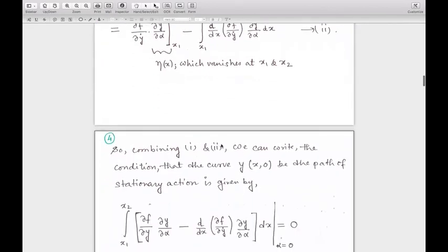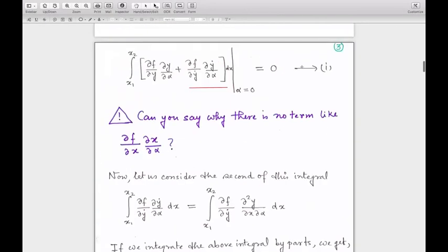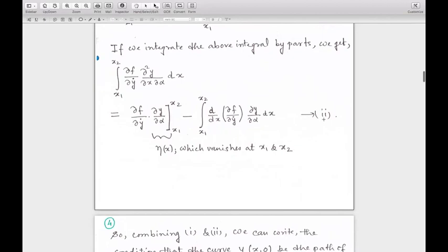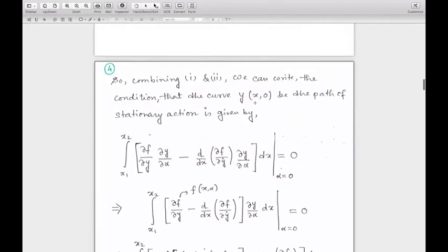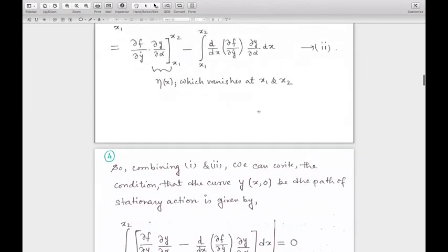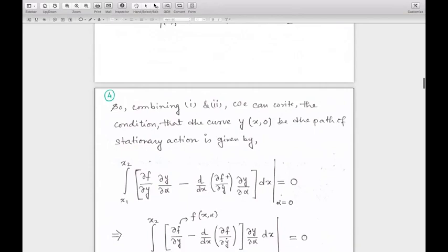Now combining 1 and 2, so that was 1, and that was 2. We can finally write the condition that the curve y(x, 0) be the path of stationary action, and that is simply the integration from x1 to x2 of ∂f/∂y ∂y/∂α minus the second term, as we have calculated in 2, d/dx of ∂f/∂y dot times ∂y/∂α, and the whole part is multiplied with dx.